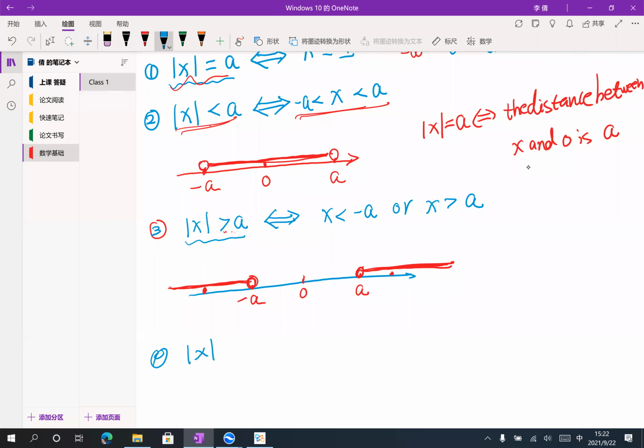If the absolute value of x is smaller than or equal to A, it means x is larger than or equal to minus A and smaller than or equal to A. If we draw this on the real line, this is 0, this is minus A, this is A, and all the points between negative A and A satisfy this inequality, and it can equal A. So the points negative A and A are in the solution, so we draw a solid dot on negative A and A.